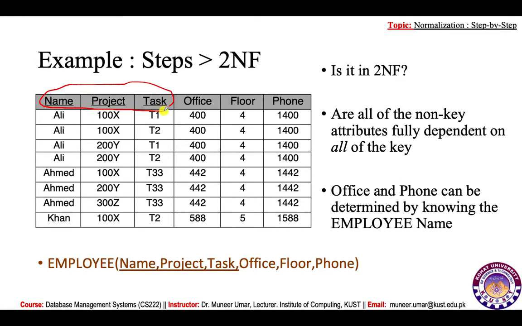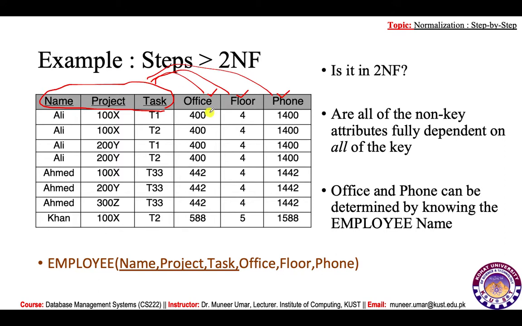So we must check the condition that are all the non-key attributes fully dependent on all of the key, means that all these three attributes are fully dependent on this composite key or not. So this is the condition. If this condition is satisfied, then it would be in second normal form.